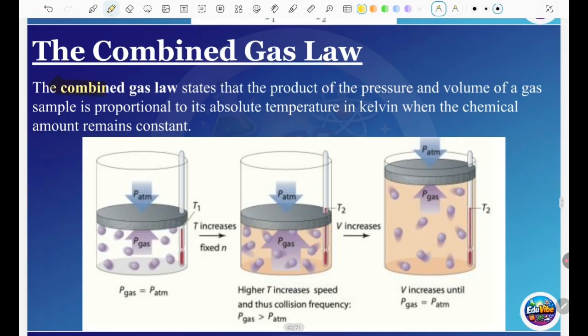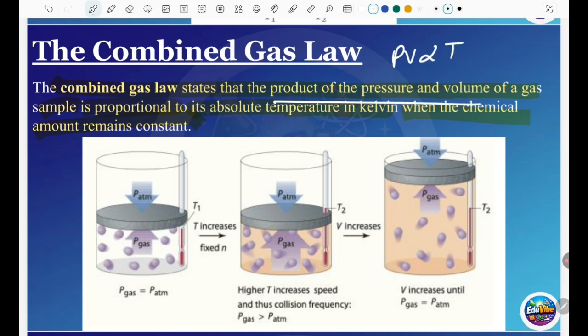So for this, the combined gas law states that the product of the pressure and volume of a sample is proportional to its absolute temperature in Kelvin when the chemical amount remains constant. Basically, your PV, the product of pressure and volume, which is P times V, is directly proportional to the temperature T, when the chemical amount of gas, which is your n, remains constant.